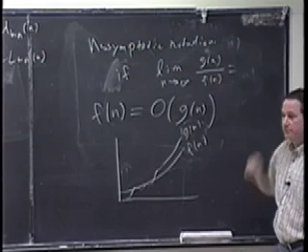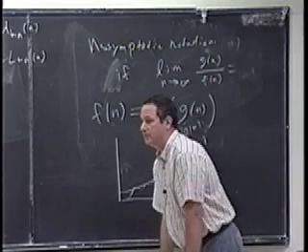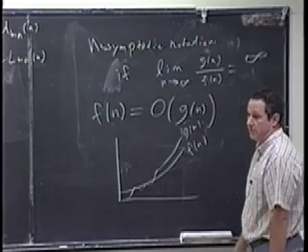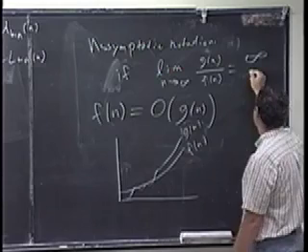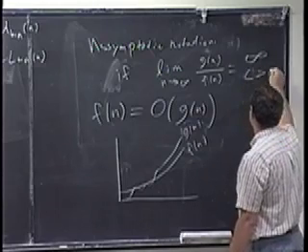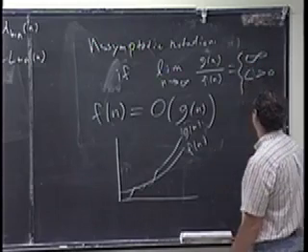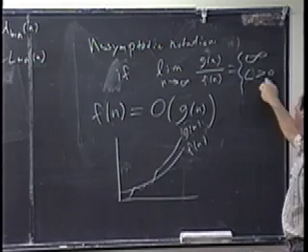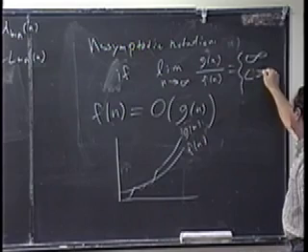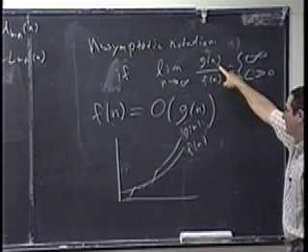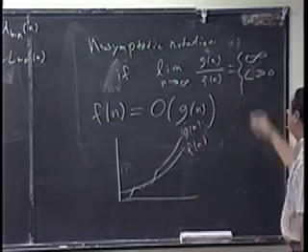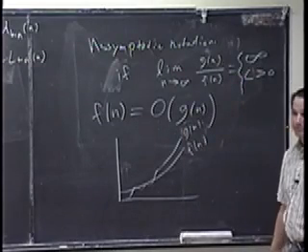One possibility is that it's some finite number bigger than 0. So either this becomes a constant bigger than 0, or g really outstrips f, and then this is infinite.